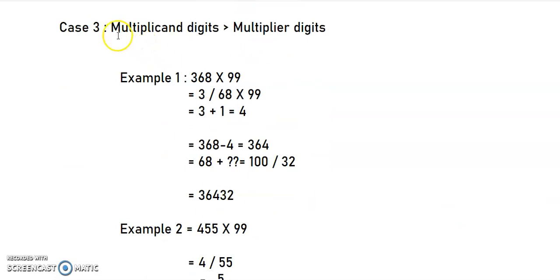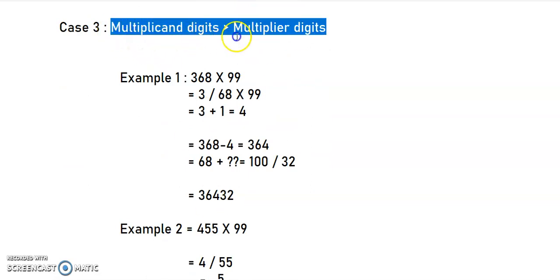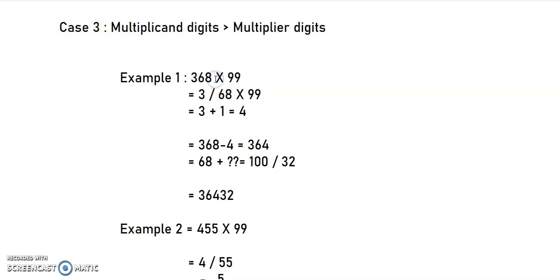Here we are moving on to the third case, multiplicand digits greater than multiplier digits. Here there is one extra step that we are adding, which we will see. The first example I am considering is 368 multiplied by 99.